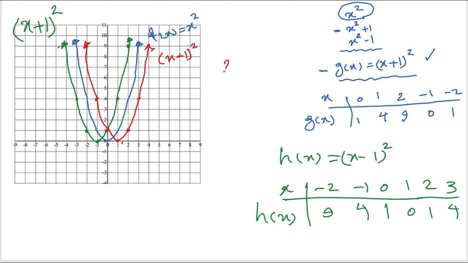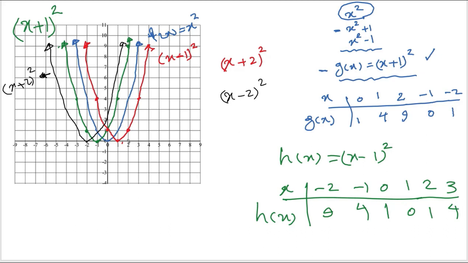You can say, for example, (x+2)² is 2 units to our left. 1, 2. (x−2)²: (x+2)² is 2 units left, and (x−2)² is 2 units toward the right.